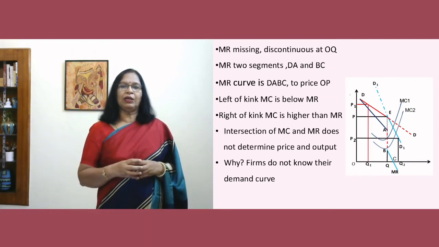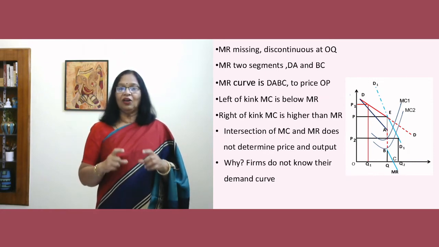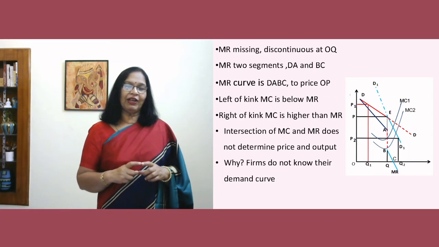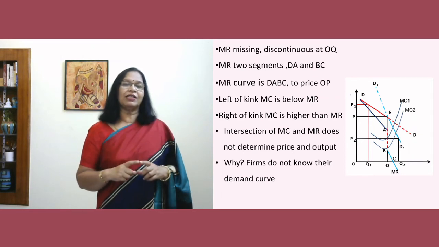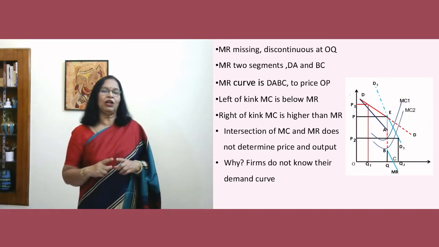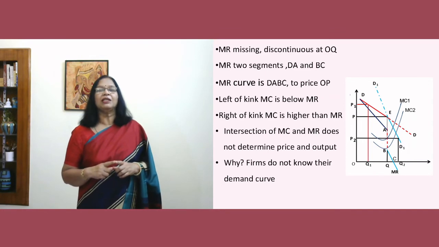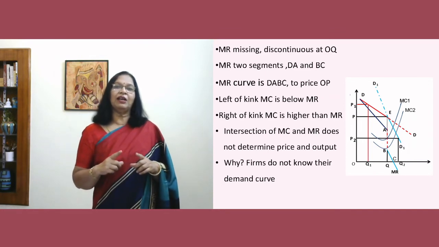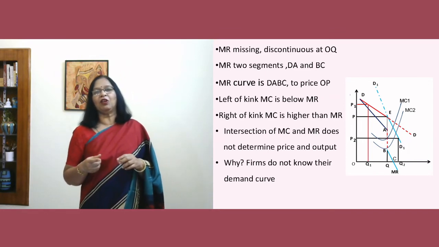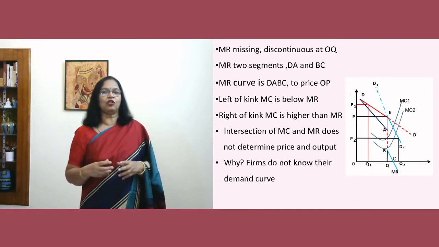Now, what are we to understand from that? Here we need to understand that under oligopoly and kinked demand curve analysis, it is not necessary for the marginal cost curve and the marginal revenue curve to interact to set the price and output. Price and output are set by the interdependent behavior of the firms rather than the cost of production.